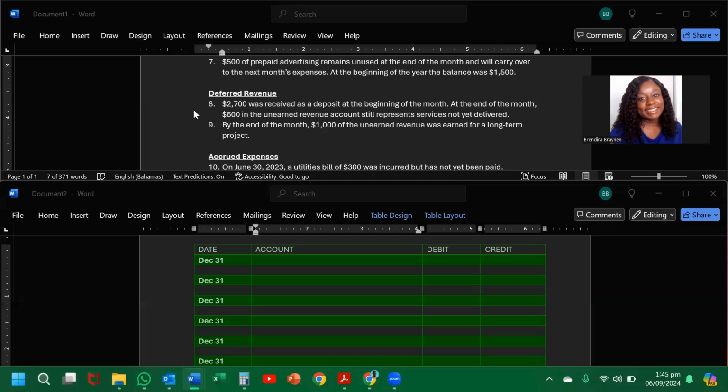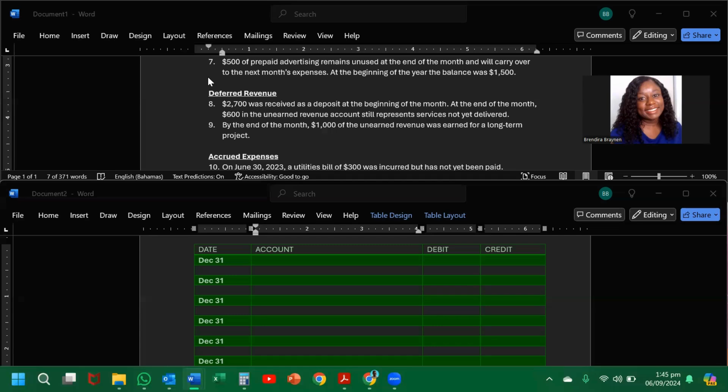The customer is not due back the money. I can now call it my revenue. So in these instances, we're referring to questions where funds have been collected before anything was done, and now we've evaluated and acknowledged that the work has been done or the item has been given to the customer. It's not deferred revenue anymore.